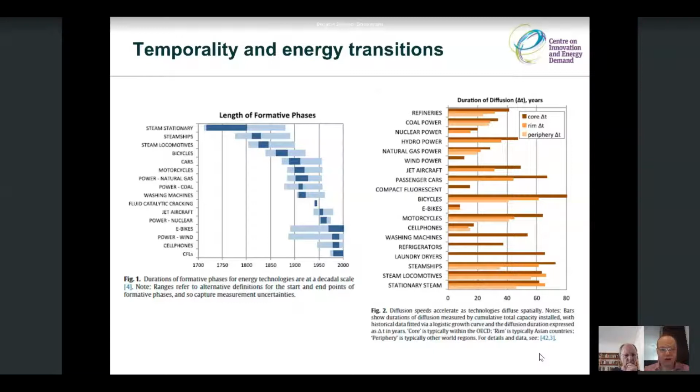And again, you can see here, some of these diffusion phases, like for steam, stationary steam engines, is hundreds of years. And some of the diffusion phases on the right for market saturation are also 50 to 60 years, even for things like laundry dryers, 66 years, or passenger cars, 68 years. And here's where it gets even worse. This is just for individual units, or if you want a very STS term, artifacts.